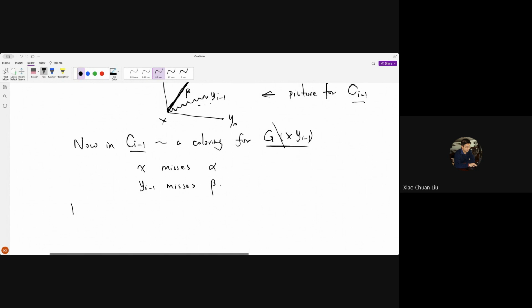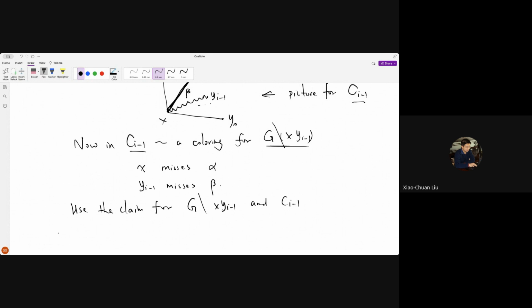So use the claim for this graph, G minus x y_{i-1}, and the coloring C_{i-1}.